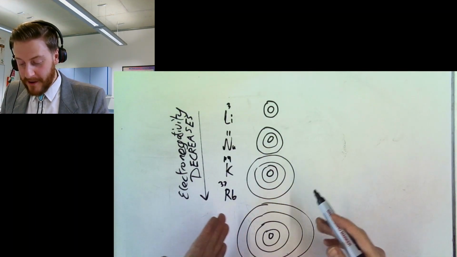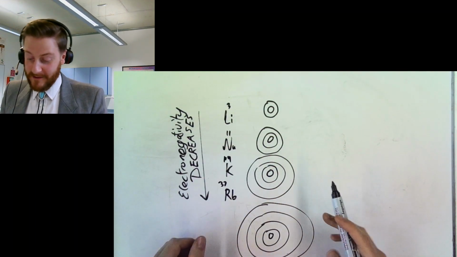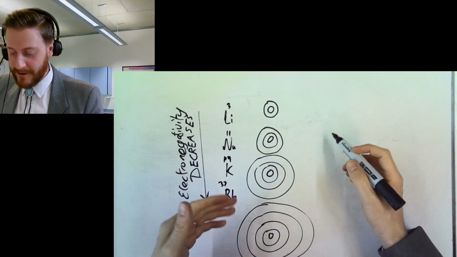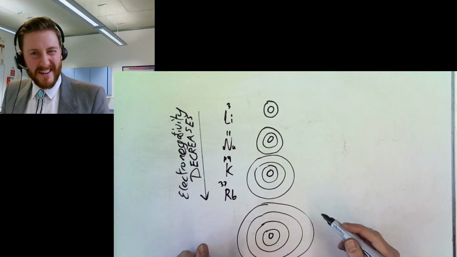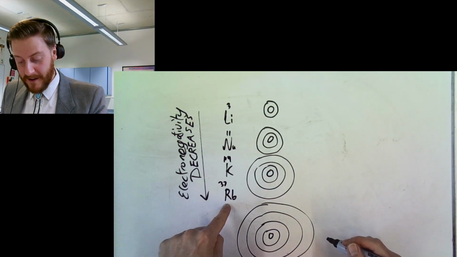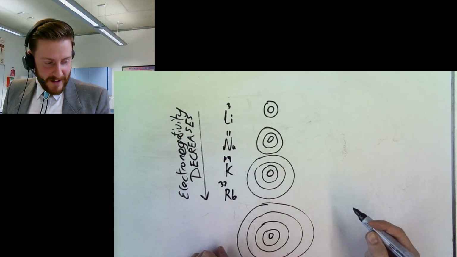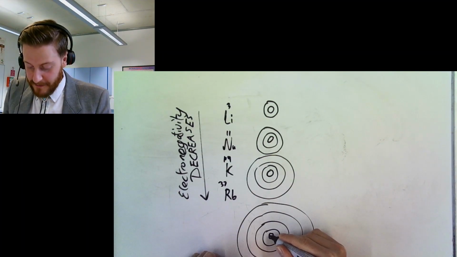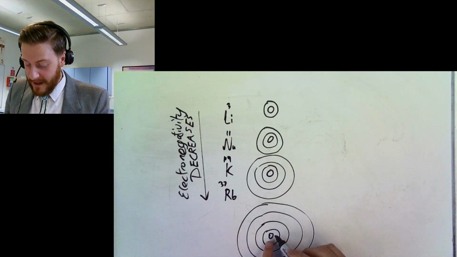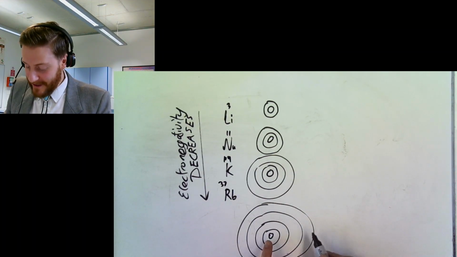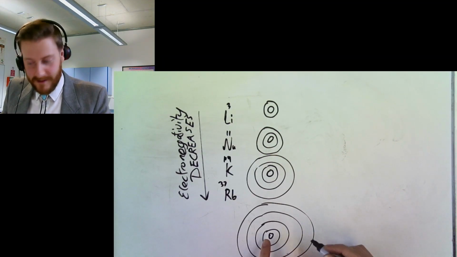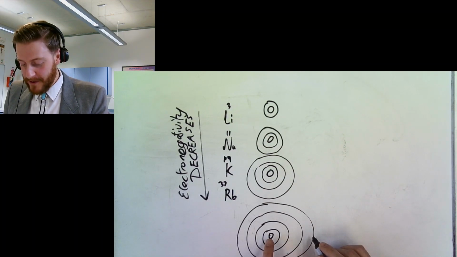And of course, like I said, the smaller they are, the more electronegative. They're really holding on to their electrons. But as I get bigger, they care a lot less about the electrons. So like my rubidium here, my positive charge in the middle, my very, very small nucleus relative to the size of the whole thing, is not really too interested in the electrons on the outside that are now a huge distance away from that positive charge.